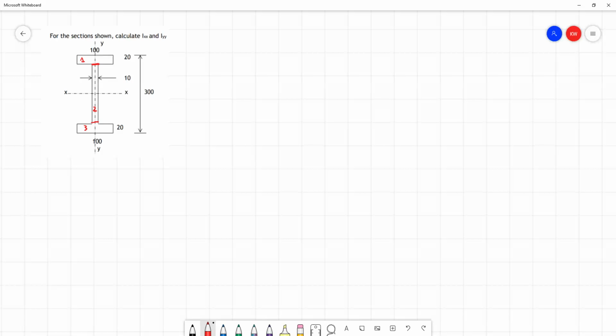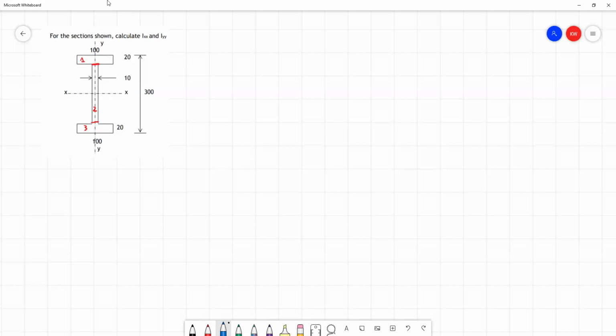So let's have a look at, first of all, the second moment of area about the x-axis. Let's remind ourselves, this is when we're imagining we're dealing with a force being applied relative to this x-axis, which is running horizontally across our I-beam. We want to deal with each of these rectangles.